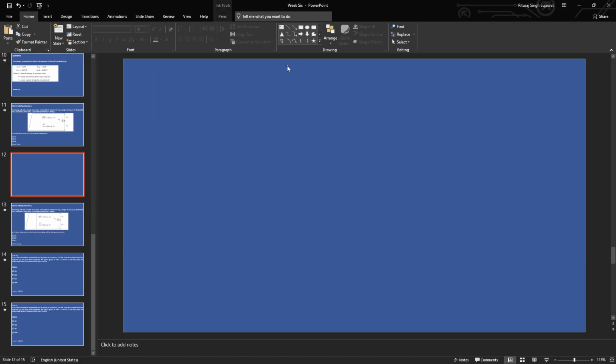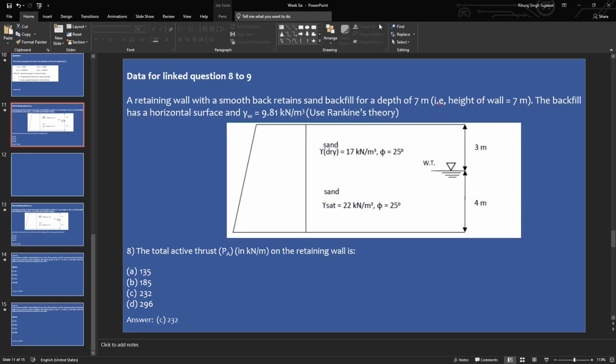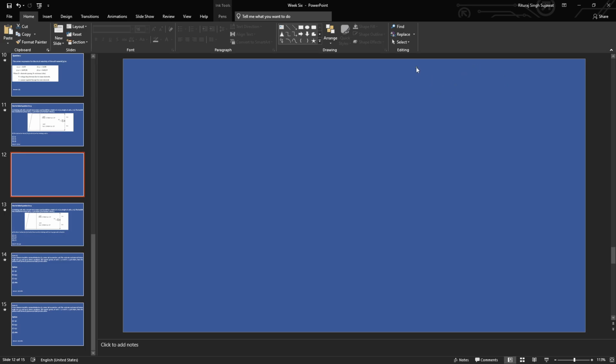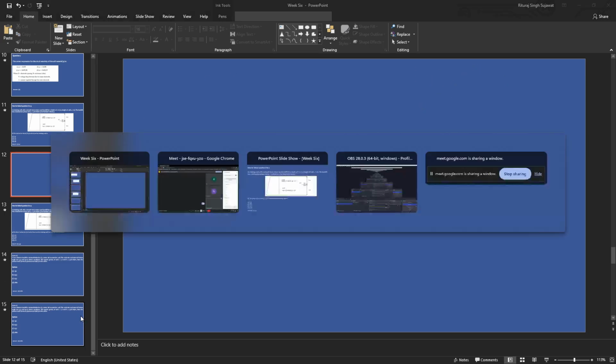In this case, we have a retaining wall here. Due to the earth pressure, we will have one stress diagram.